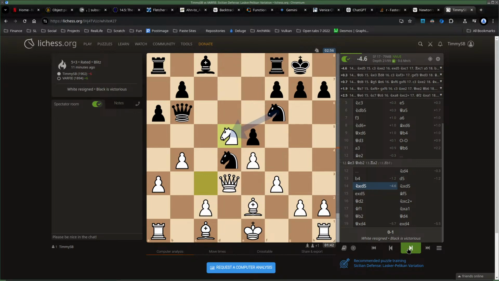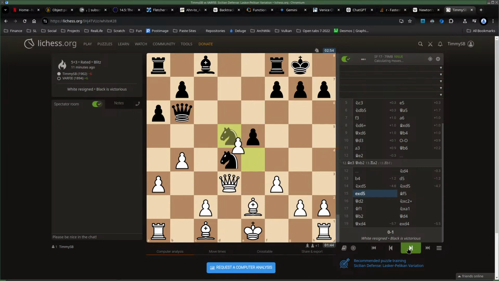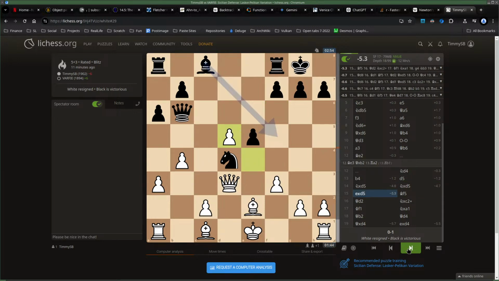Not really seeing how I'm losing 5 points here, but oh yeah, I like that. Strong move. Tactics. Attack through the queen, this pawn, lose that, and the rook. Yeah, nothing to do about it.